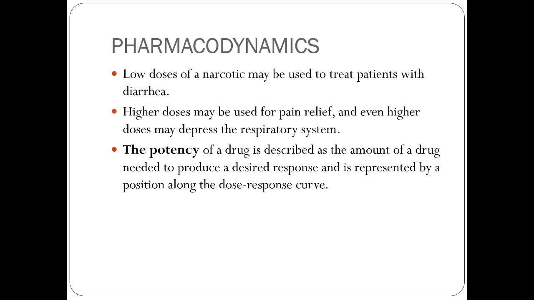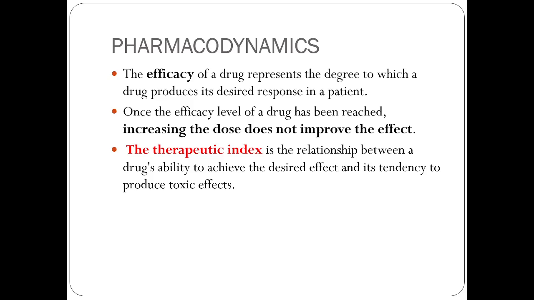The potency of a drug is described as the amount of a drug needed to produce a desired response and is represented by a position along the dose-response curve. The efficacy of a drug represents the degree to which a drug produces its desired response in a patient. Once the efficacy level of a drug has been reached, increasing the dose does not improve the effect.